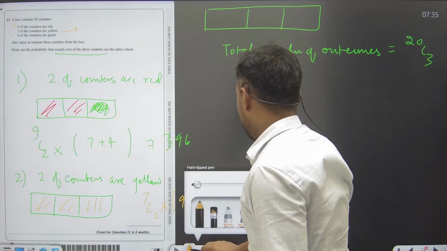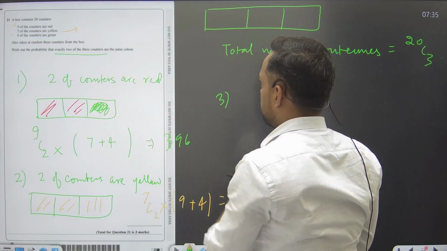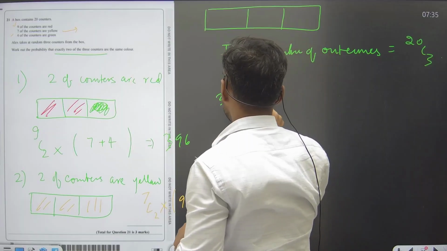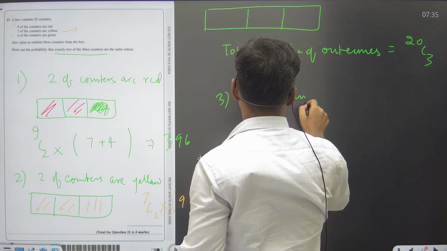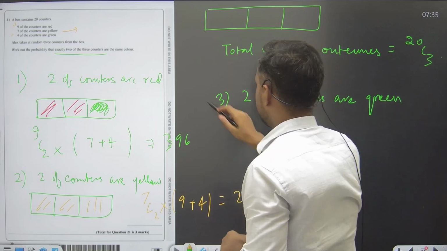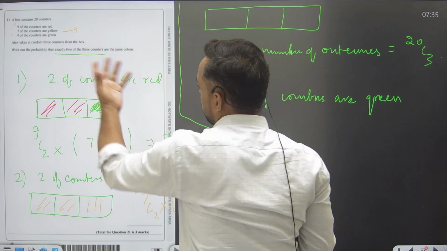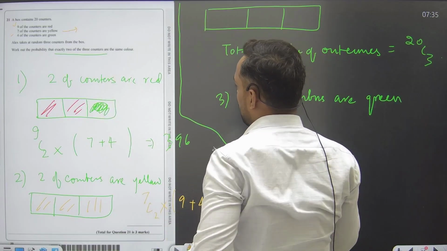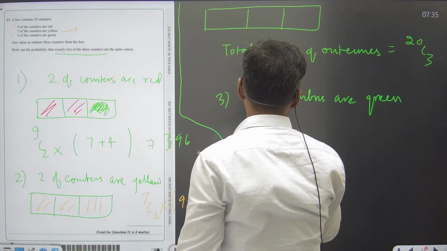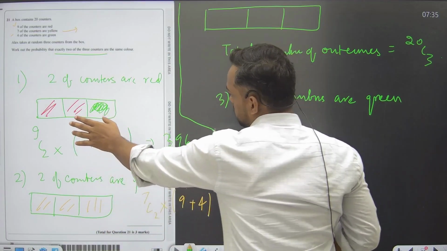Now the third part: 4 of the counters are green, so 2 of the counters are green. Out of 4 we need to select 2 counters as green, so it will be 4C2 cross. Now 2 counters we have filled with green.